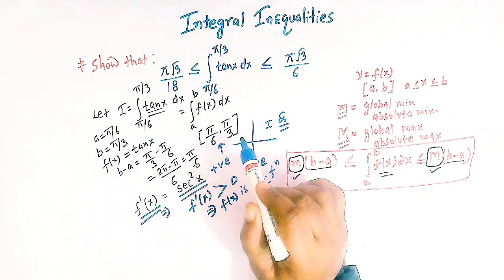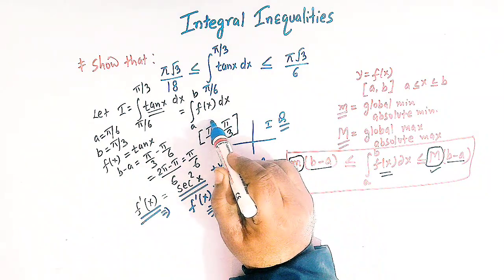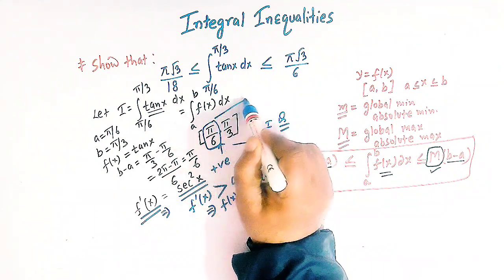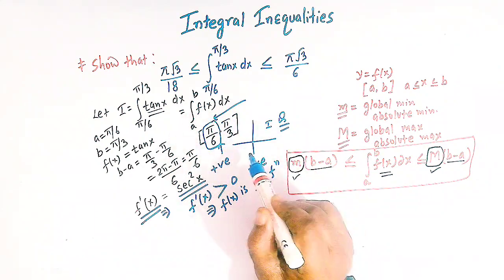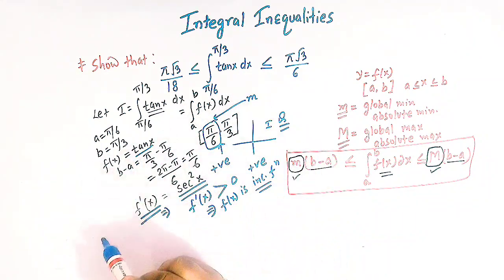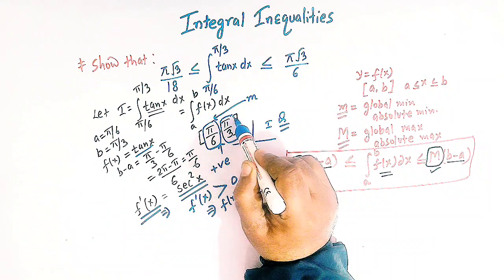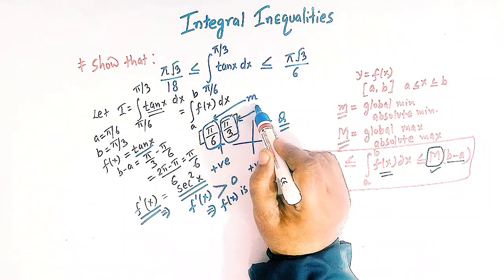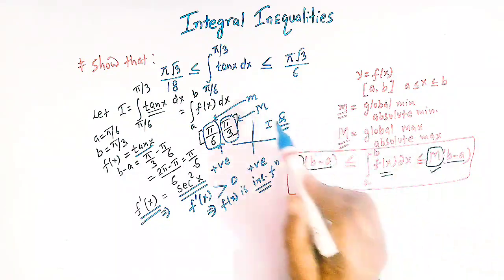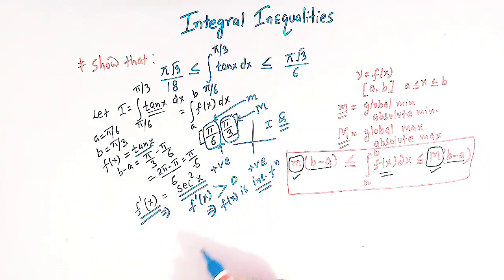So when the function is said to be an increasing function, it means this quantity, the value at pi by 6, gives us the absolute minimum value of the function tan x, right? And this value, that is pi by 3, gives us the value of capital M, which is the absolute maximum value of this function f of x, right?